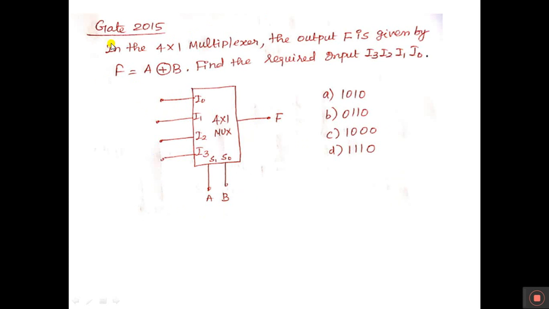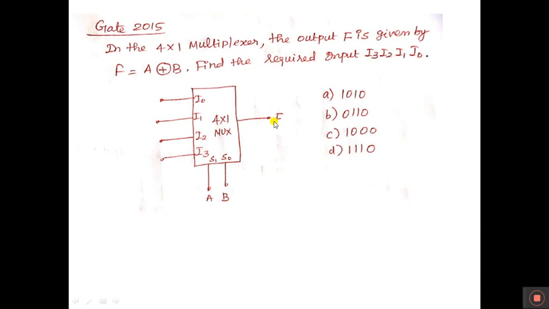Next question, this question was asked in GATE 2015. In the 4:1 multiplexer, the output F is given by F equal to A XOR B. Find the required inputs I3, I2, I1, I0. In general, mostly they give the input values and may ask to calculate F. Here the question is in reverse format.